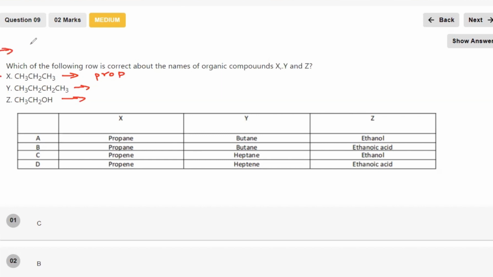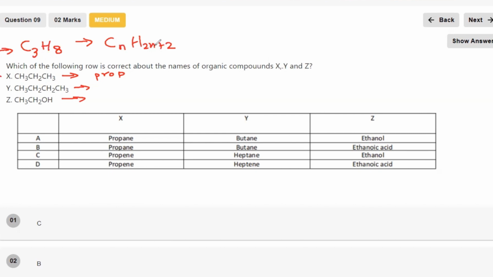If you write the molecular formula of this molecule, it would be C3H8. And this represents the general formula of an alkane. It goes by CnH2n plus 2.